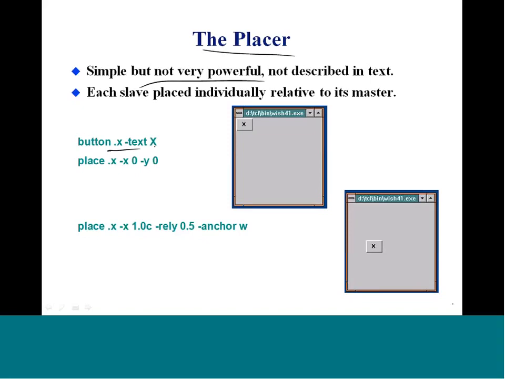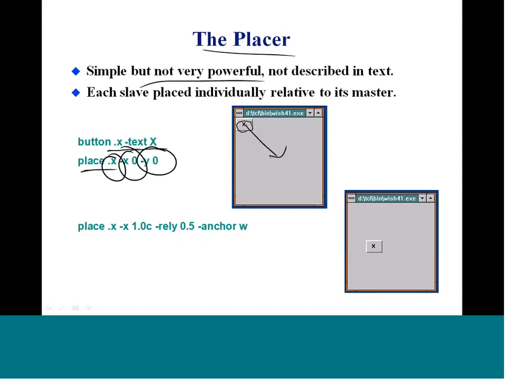For example, we create a button called .x within this window, button .x, text is X, and then place .x with X coordinate at 0 and Y coordinate at 0. So it puts it at the top of the window.